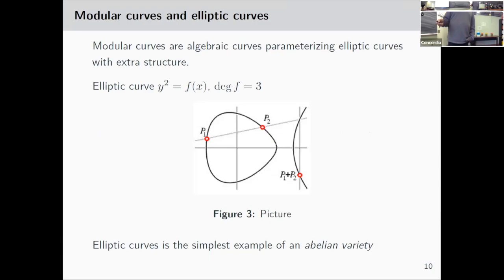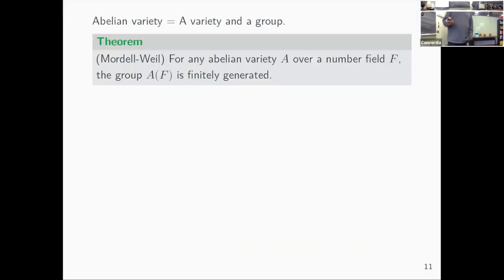Taking the sum of the point with itself means taking a tangent, and the tangent goes directly upwards. It only intersects at infinity. So there's an additional point at infinity which serves as the 0 point of the elliptic curve. And so 2-torsion points are the points where y equals 0.